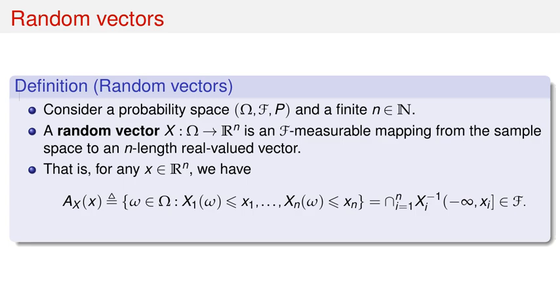What this means is that for any vector x in R to the n, the event A sub x of x, defined as the set of outcomes omega in omega such that x sub 1 of omega is less than or equal to x sub 1 and x sub 2 of omega is less than or equal to x sub 2 and so on, and x sub n of omega is less than or equal to x sub n, must be in script F. This event A sub x of x can also be written as the intersection from I equals 1 to n of x sub I inverse of the interval from minus infinity to x sub I, inclusive.